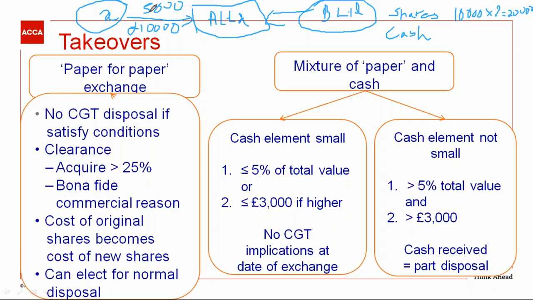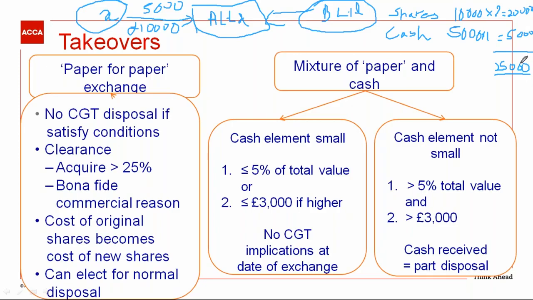You held 5,000 shares in A Limited. For each share that you held, you are paid £1. So you get 5,000 in cash. So altogether, the value is 25,000 pounds.